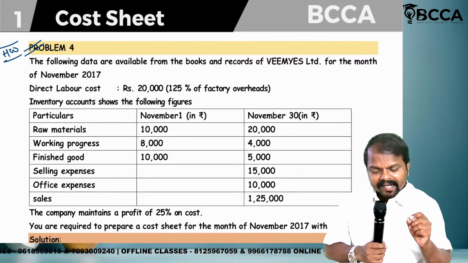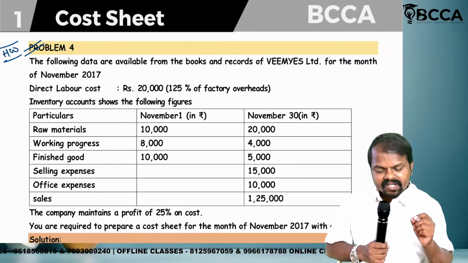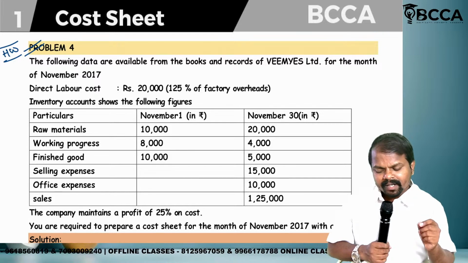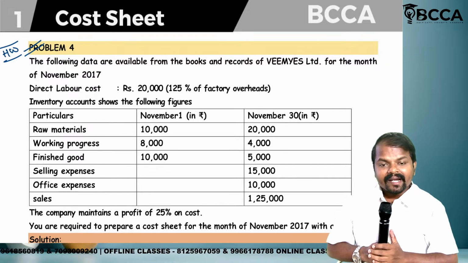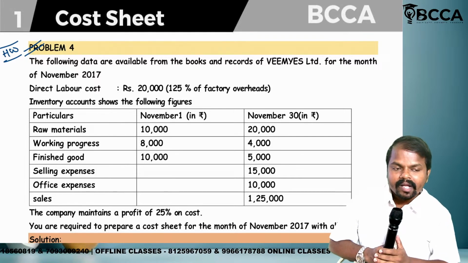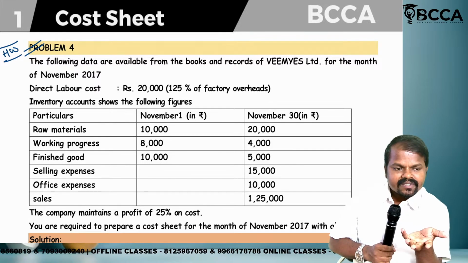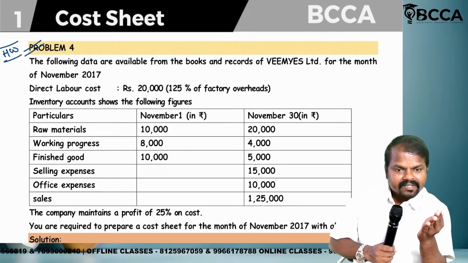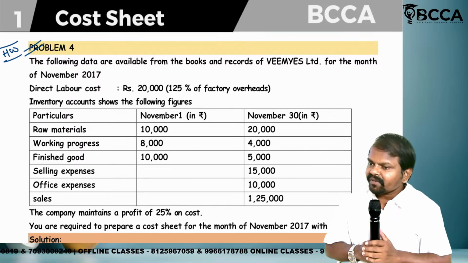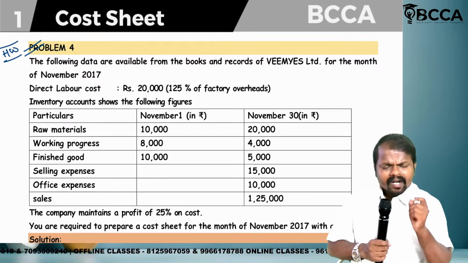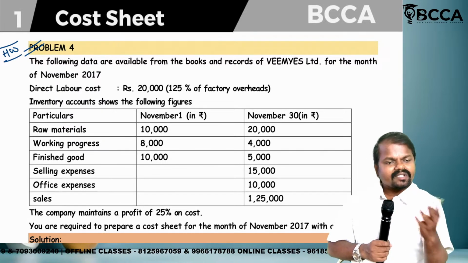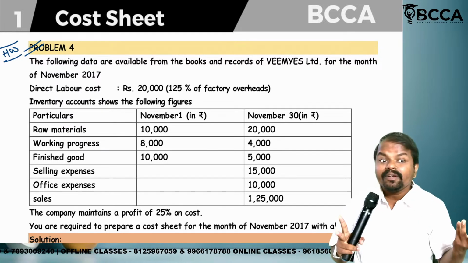The following data are available from the books and records of V Limited for the month of November 2017. Direct labor, how much they gave? 20,000. How did 20,000 arrive?